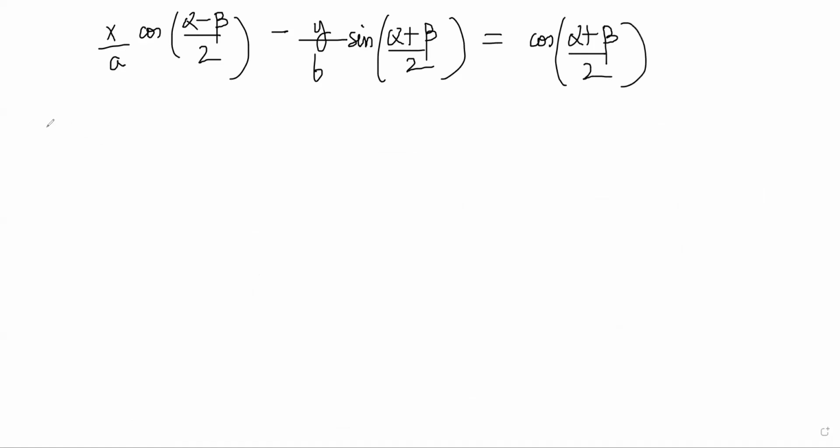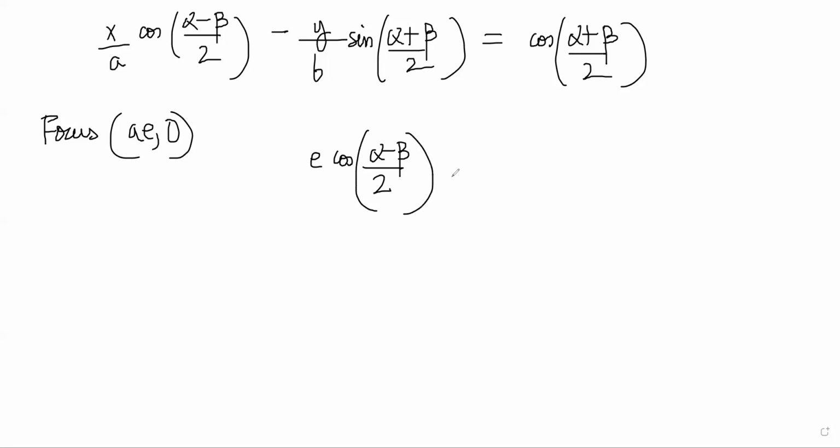What if this chord passes through the focus (ae, 0)? So let's put ae here. You'll get e cos of (alpha minus beta) by 2, and this term vanishes, is equal to cos of (alpha plus beta) by 2.